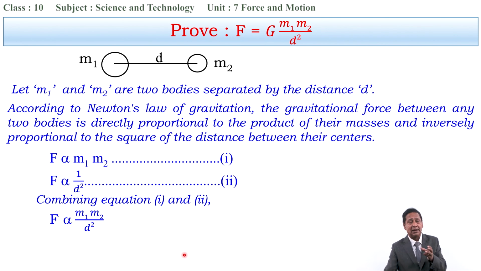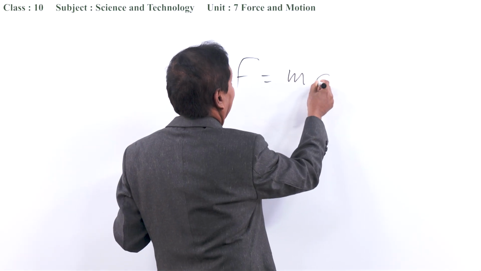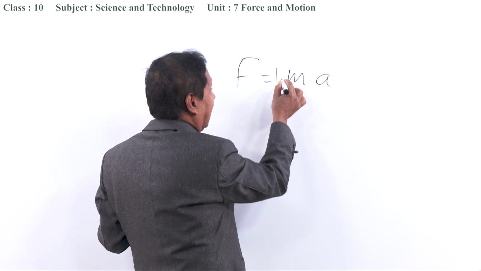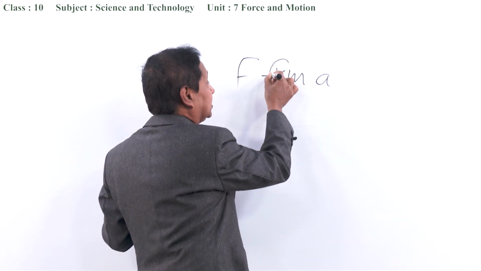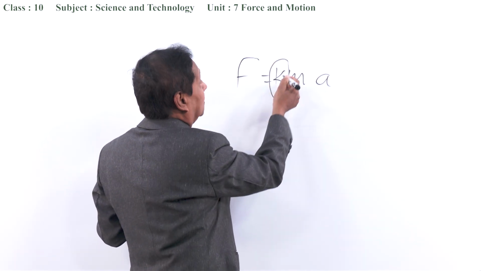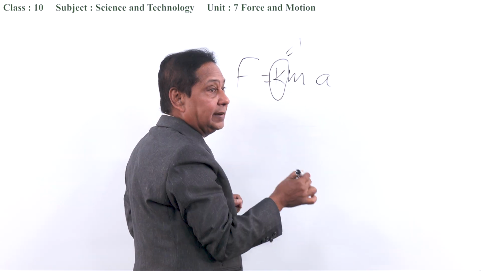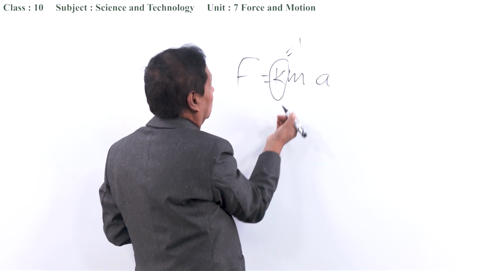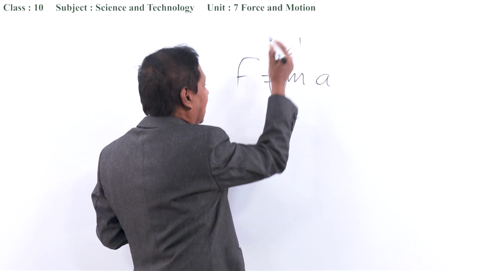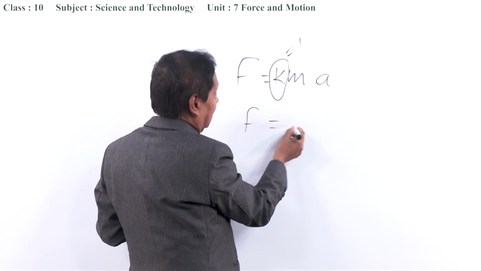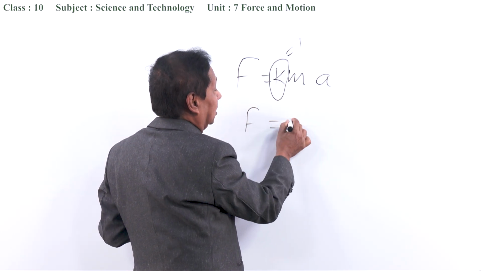If you remember, when we proved F equal to ma in class 9, there was a constant k, and we removed this k because its value was found to be 1. If its value is 1, then why should we take this k? K was removed at that time, and we declared that F equal to ma.